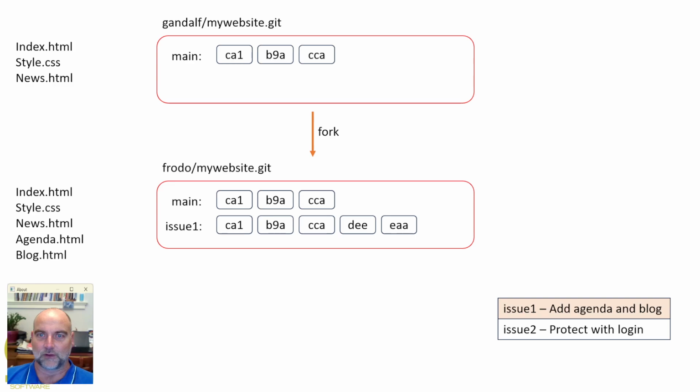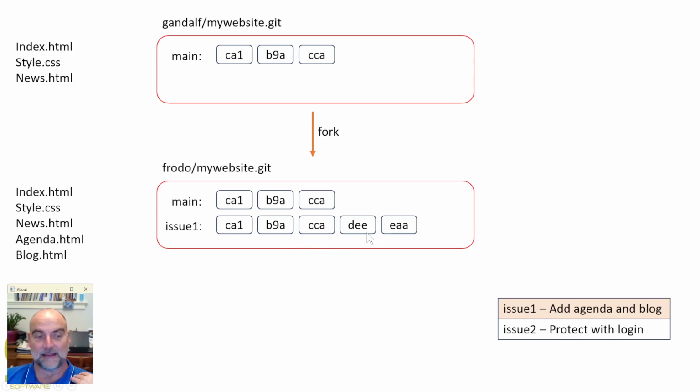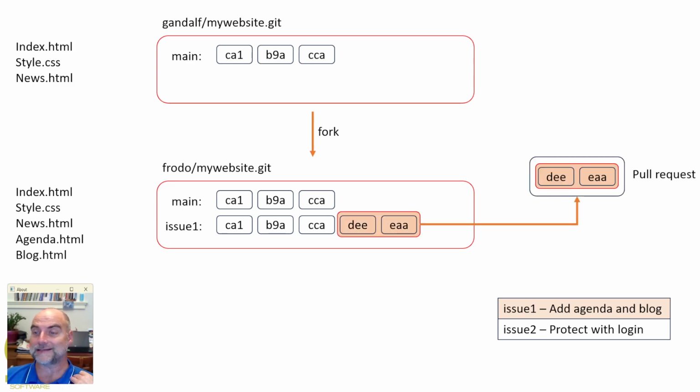Let me go over that one more time. So we have a fork. Frodo is creating an issue 1 branch, adding agenda.html into a commit, adding blog.html into a commit, and then creates a pull request.